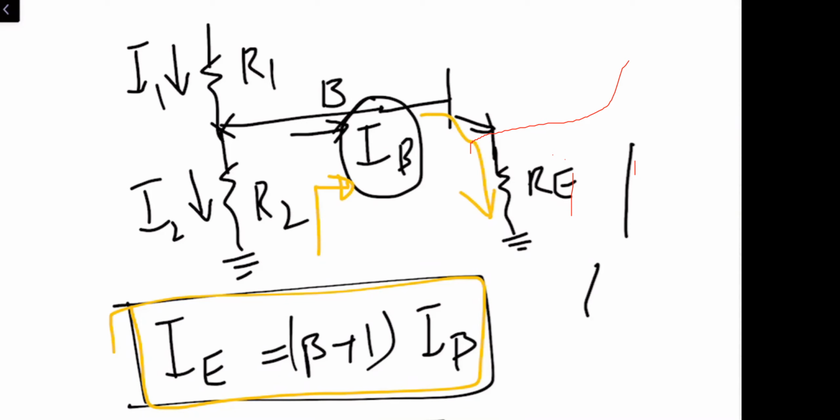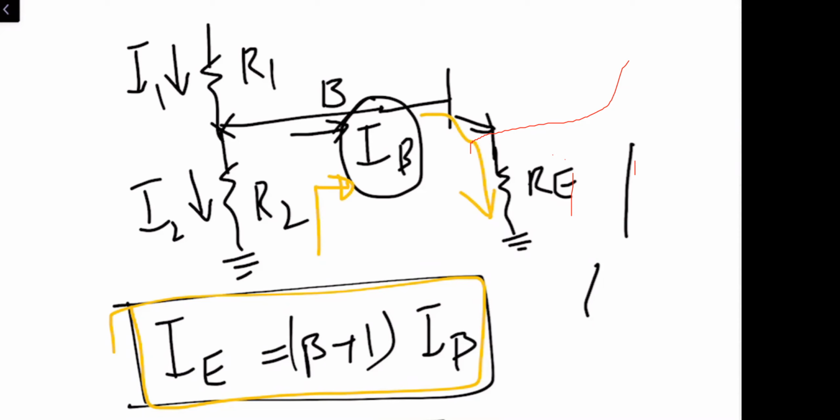Are you getting my point? No, sir. Repeat again. If you see over here, we have the equation IE is equal to beta plus 1 times IB, right?